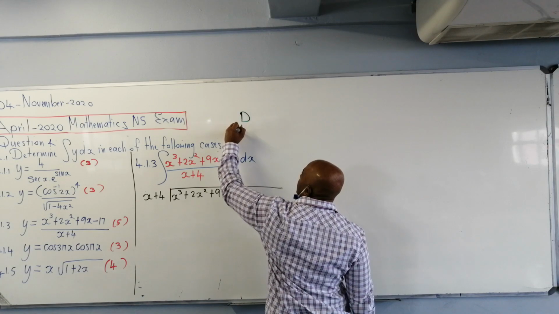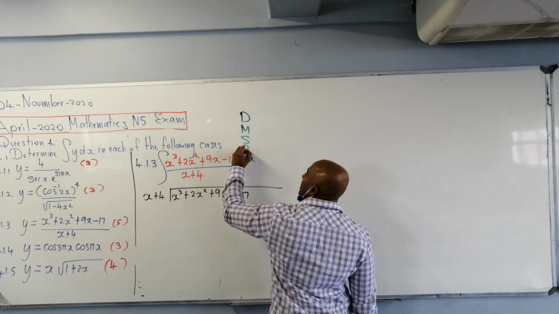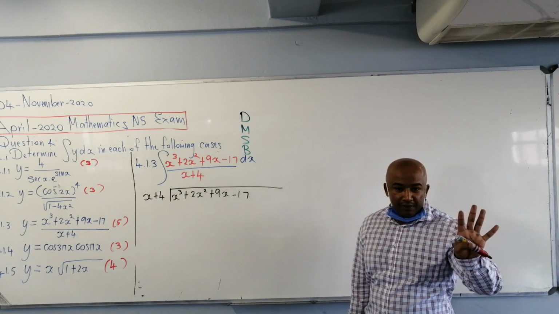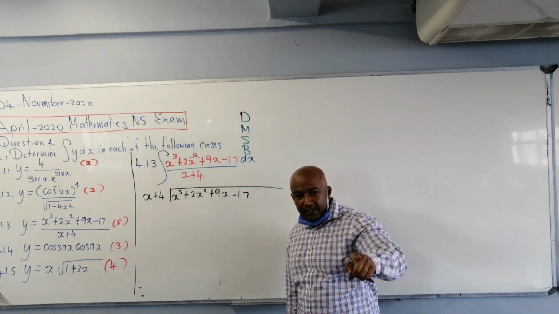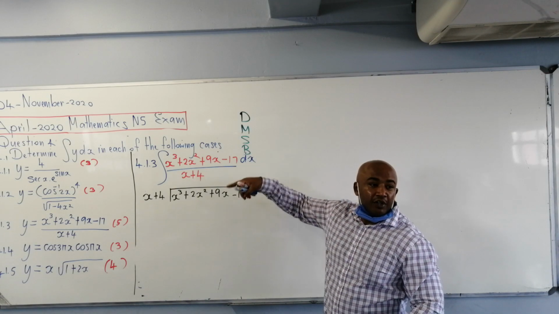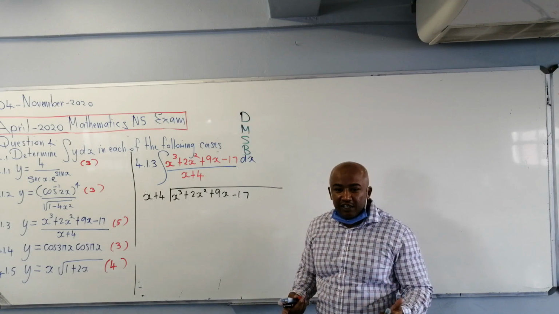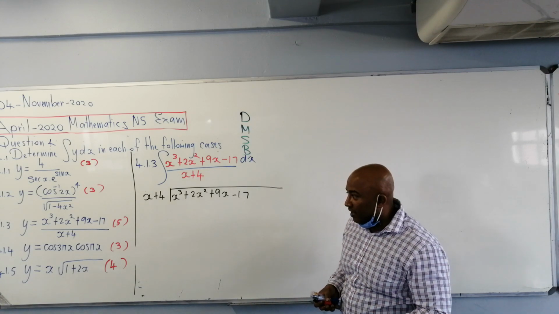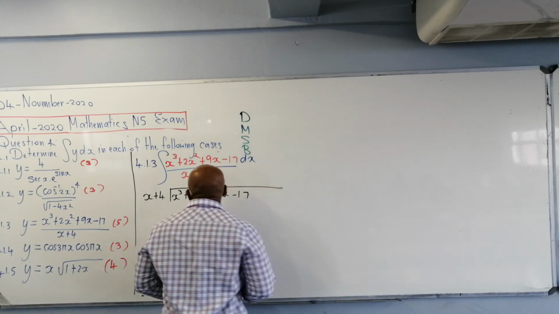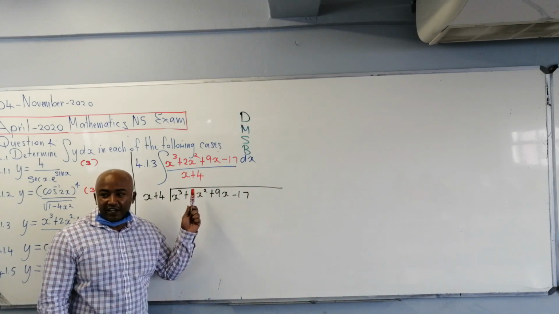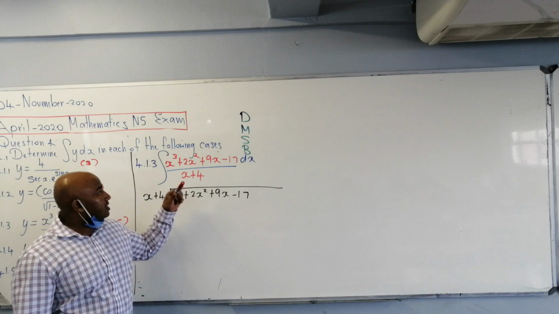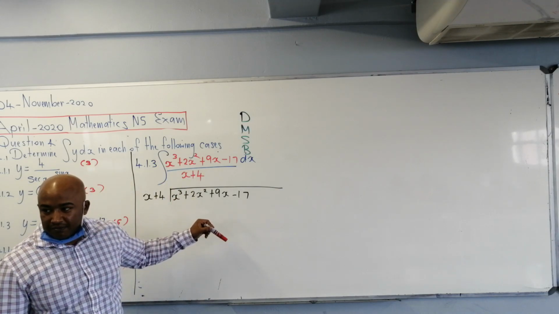So it's divide, multiply, subtract, bring down. It's a 4-step algorithm. After you're done with step number 4, you go back and you carry on doing it until you cannot divide, until you have a proper fraction. So what is this called? This is called an improper fraction, because the top is bigger than the bottom.